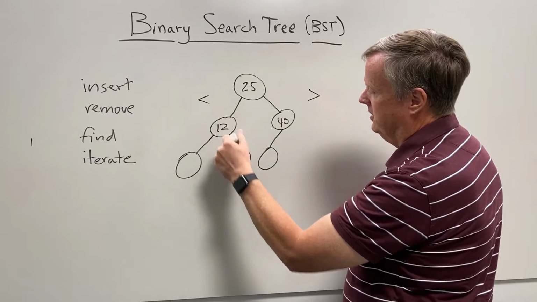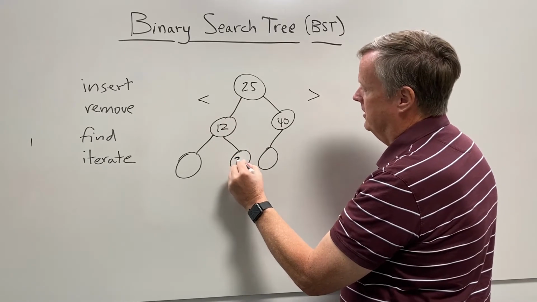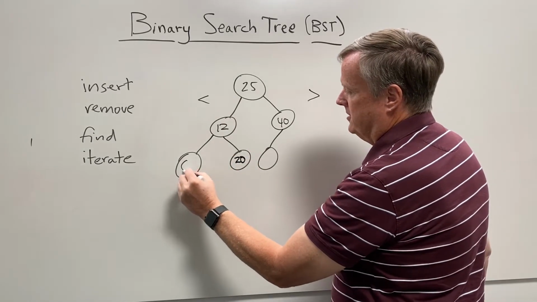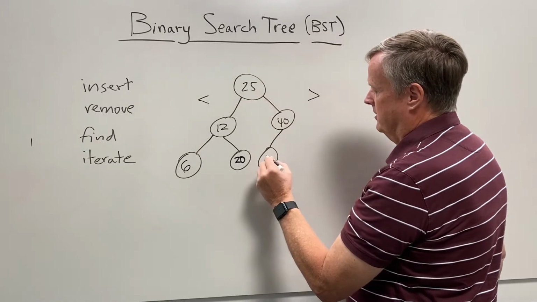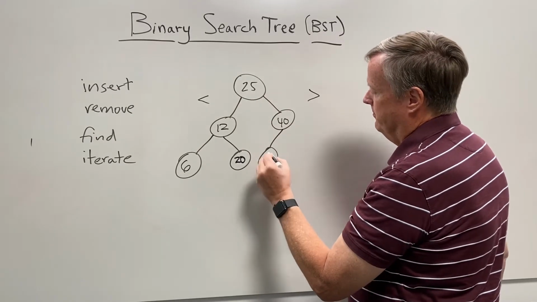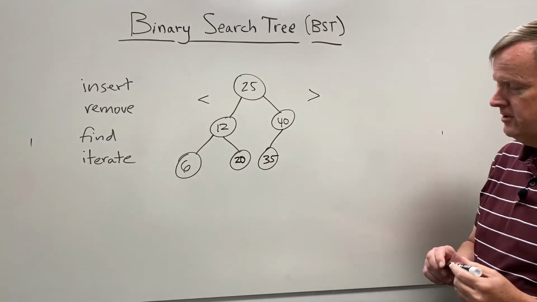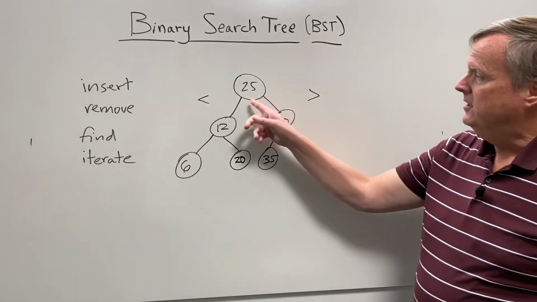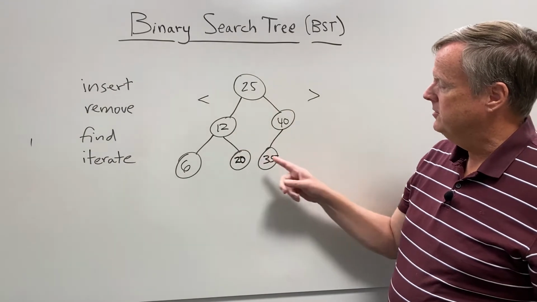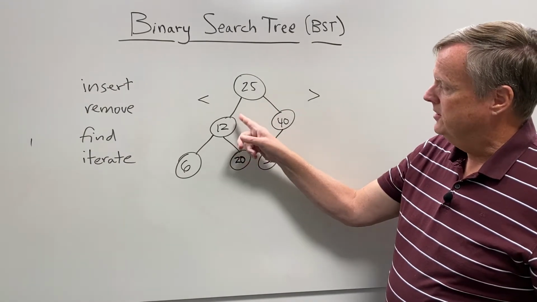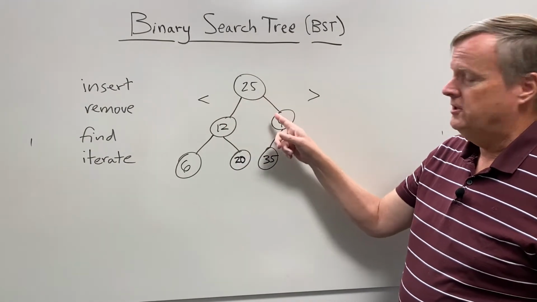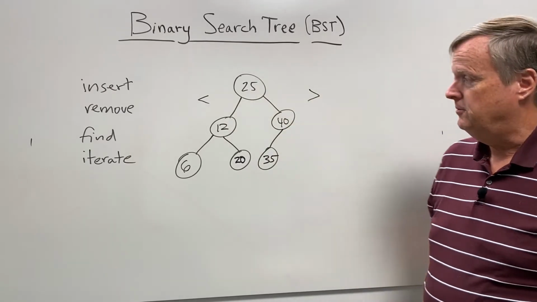So I would find something here, maybe 20, and over here 6, and then over here a 30, 35. Okay, so that's how binary search trees are structured. Up to two children. The child on the left is smaller than the current one. The child on the right is bigger than the current one.